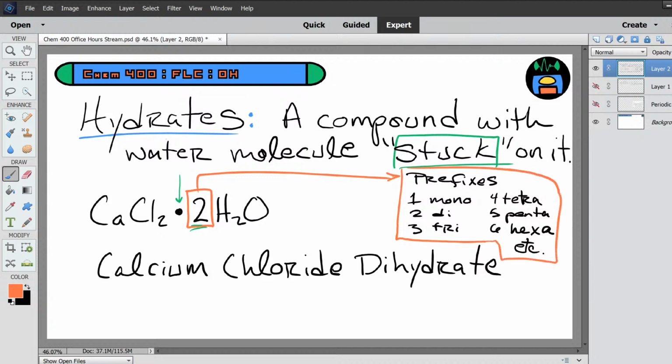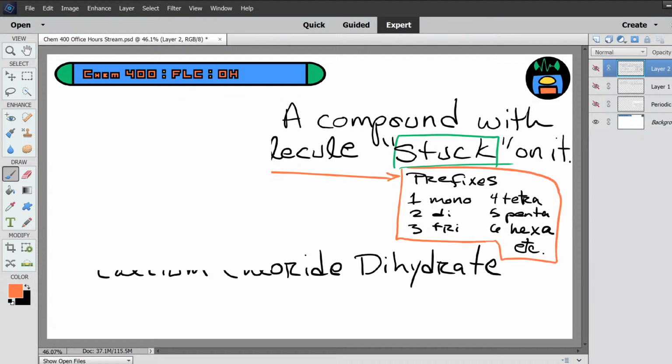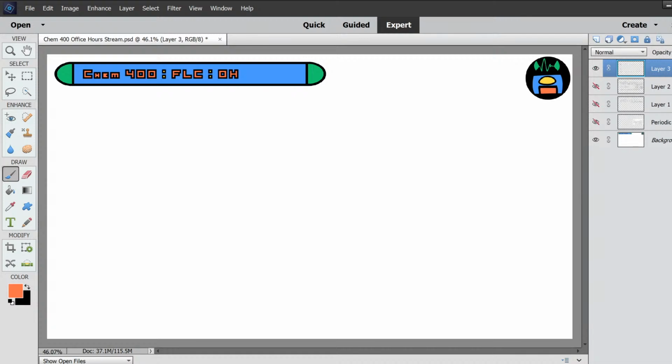All right, so that is how you name a hydrate. One last thing I want to point out, and this will become important in Lab 2, which I will be posting soon to my lab section. Other lab sections may already have access to this.